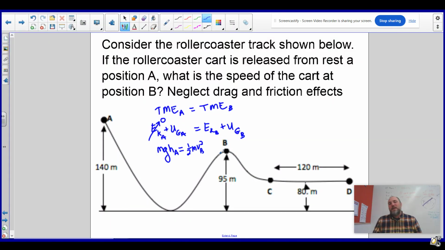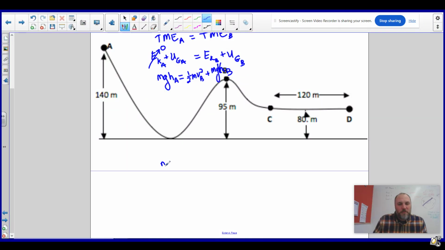And again, this time it's not necessarily 0 because we are not at the ground. So I'm going to say this is mg times the height at B. I'm running out of room there, so I'm going to move down to the bottom. So we have mg, height at A, is equal to 1/2 mvb squared plus mghb.